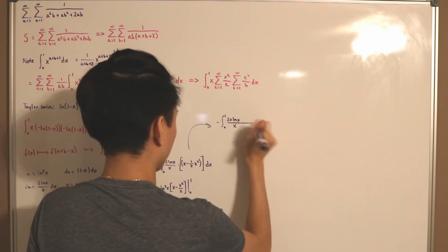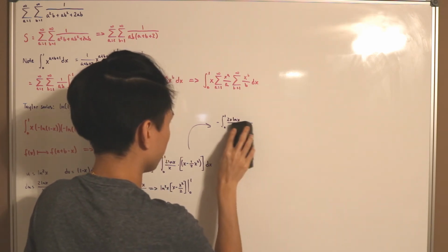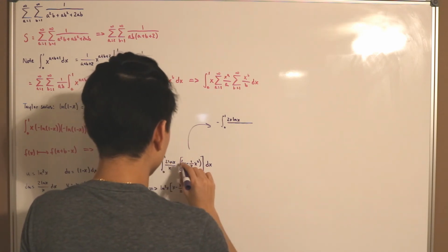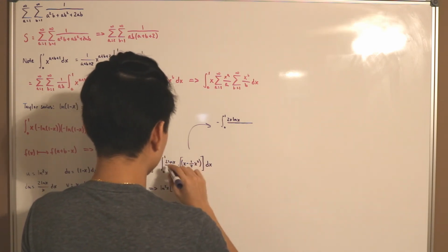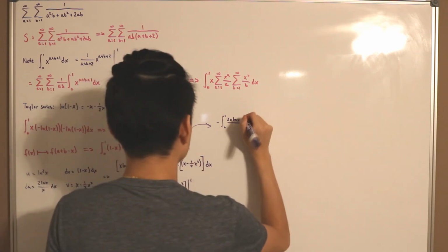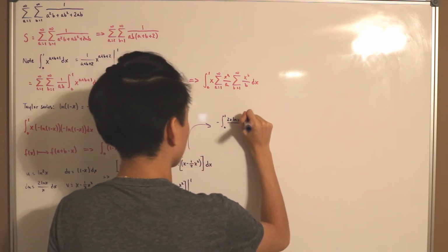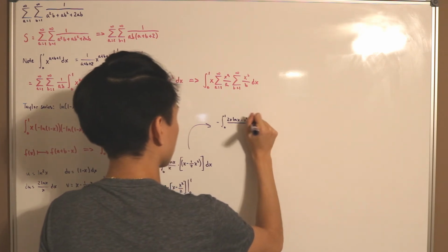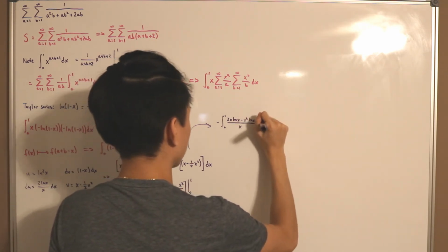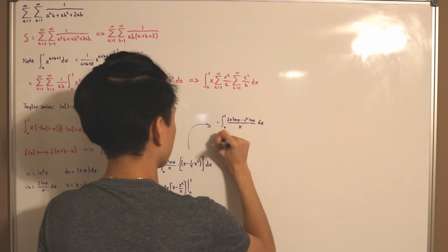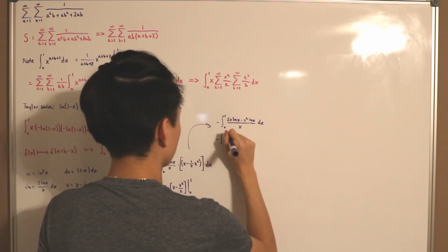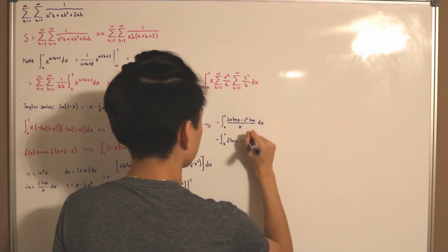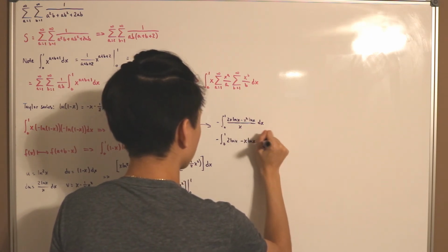Let me write it this way. 2 times 2 divided by 2 is 1, so this will just be minus x squared ln of x, all divided by x dx. And that can be simplified when we cancel the x. This is just 2 ln of x minus x ln of x dx.